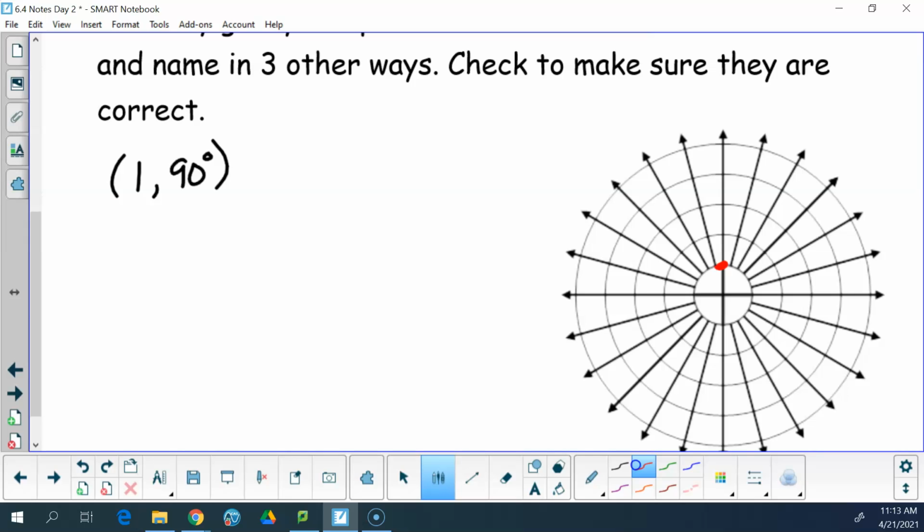So the same spot would be positive 1, negative 270 degrees. With me? Because I would start here, which would be my 0, and then down here would be my negative 90, negative 180, negative 270.